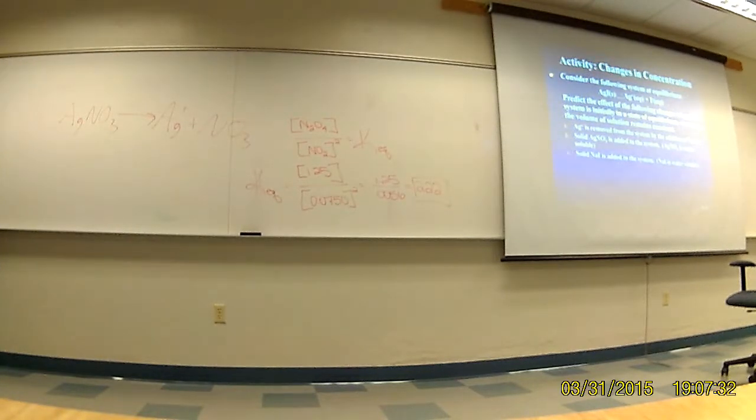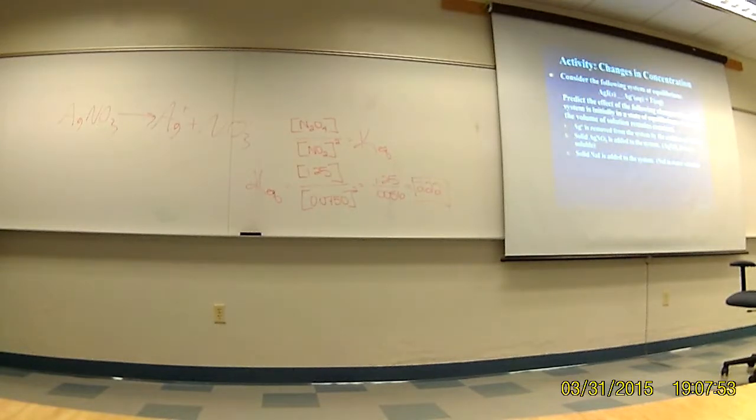What happens if I reach in and pull out some of my silver iodide? Shift left or right? Shift to the left. If I pull this out, it's going to shift back to the left to replace it.